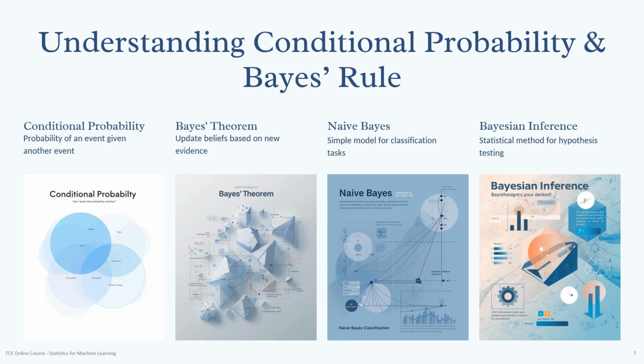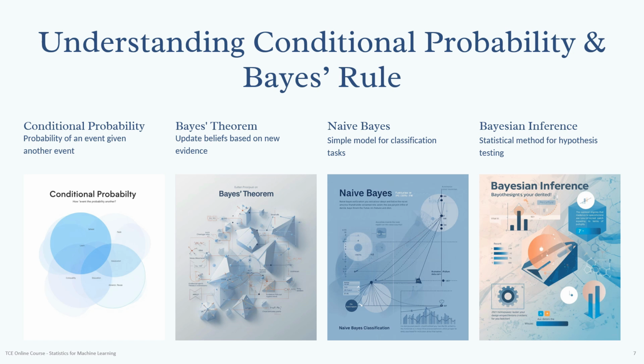Now one very powerful concept is conditional probability. Conditional probability means probability of one event happening given another event has already happened. For example, probability of disease given symptoms, probability of spam given certain words.